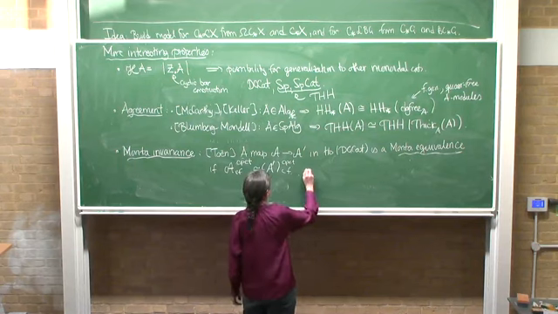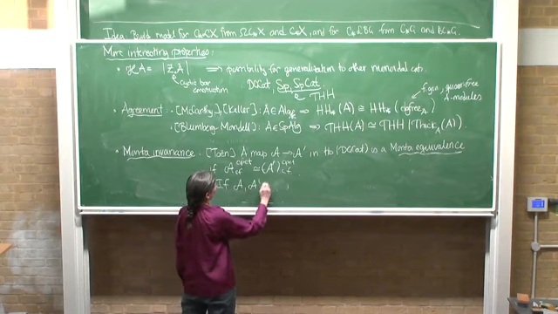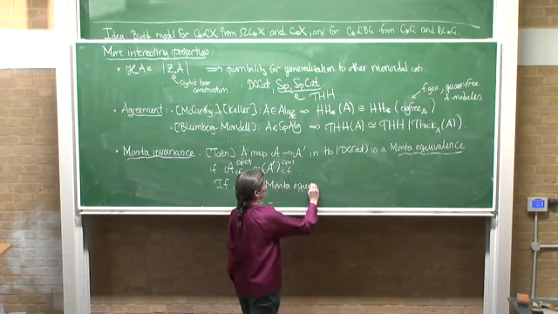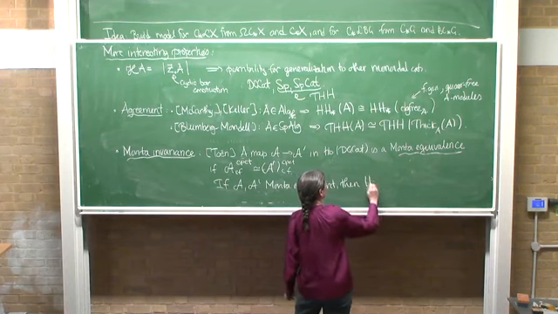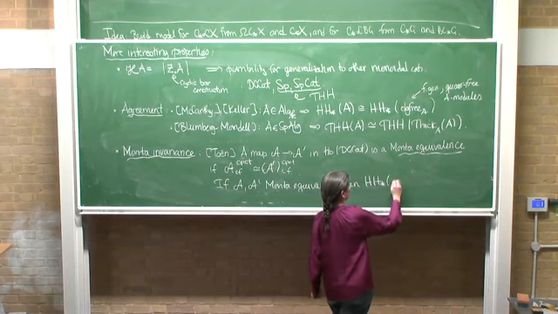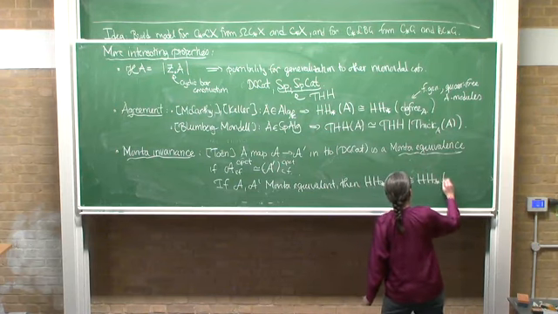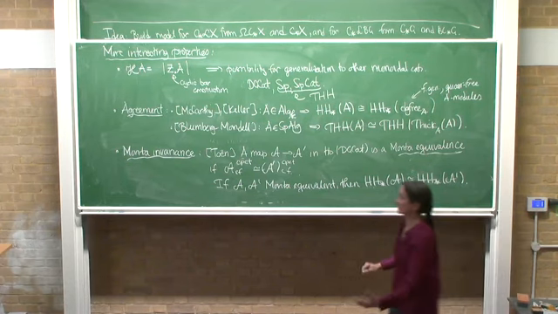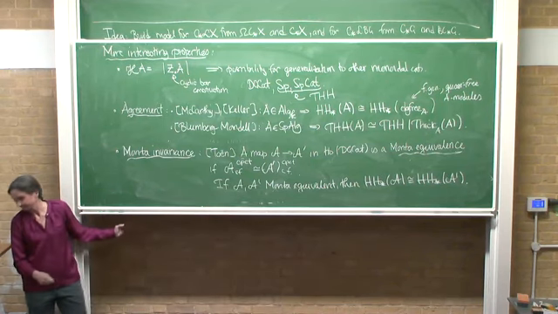We say that if A and A prime are Morita equivalent, then they have the same Hochschild homology. And this is some sort of big generalization of the standard Morita invariance result one knows for Hochschild homology.